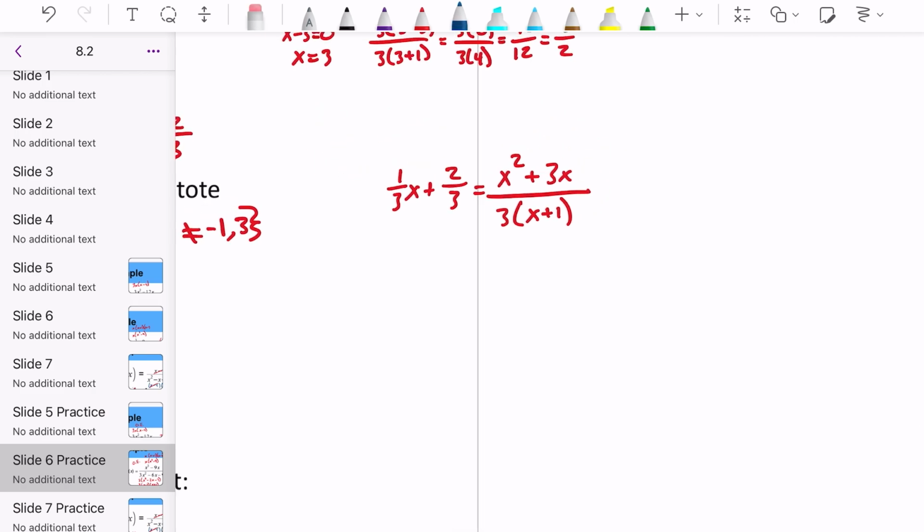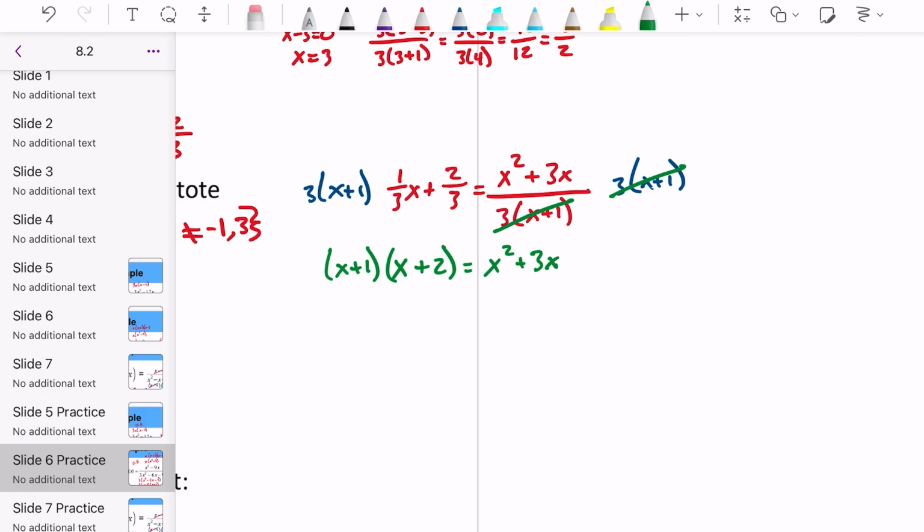As we multiply both sides by 3 times x plus 1, keep in mind 3 times the 1/3 would leave us with a single x, or 1x, and 3 times 2/3 would leave us with 2. And that would be multiplied against x plus 1 is equal to x squared plus 3x.